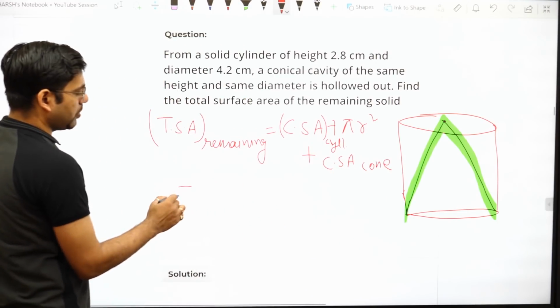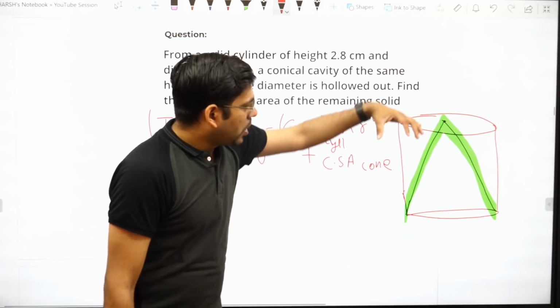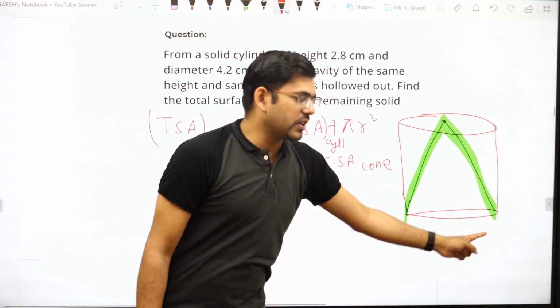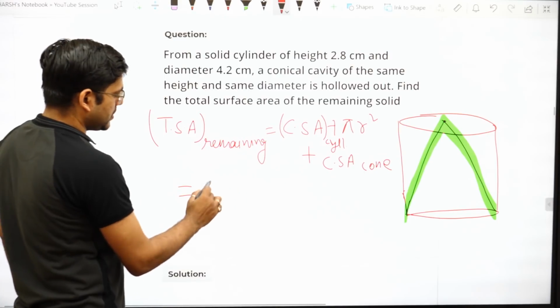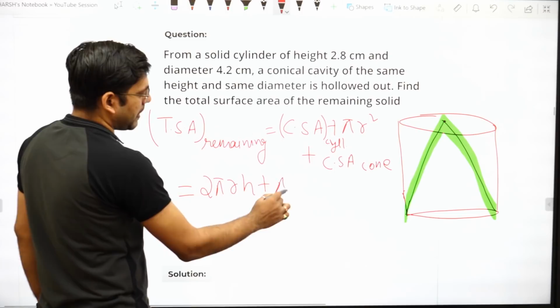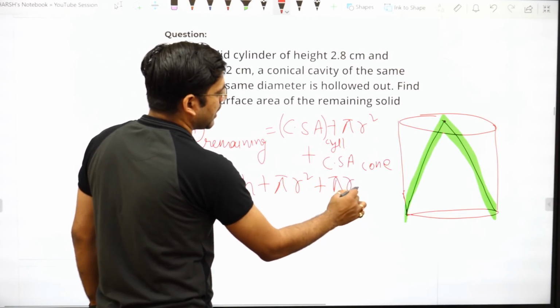So I'm writing all the formulas. Curved surface area of cylinder, top area, that is pi r square, and this green portion, that is curved surface area of the cone. So the formula for cylinder is 2 pi rh, plus pi r square, plus for curved surface area of cone it is pi rl.